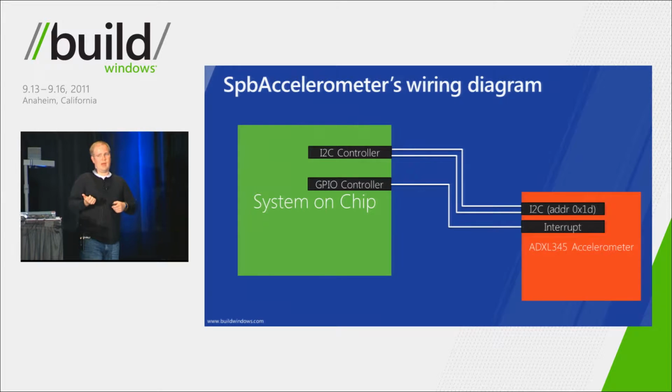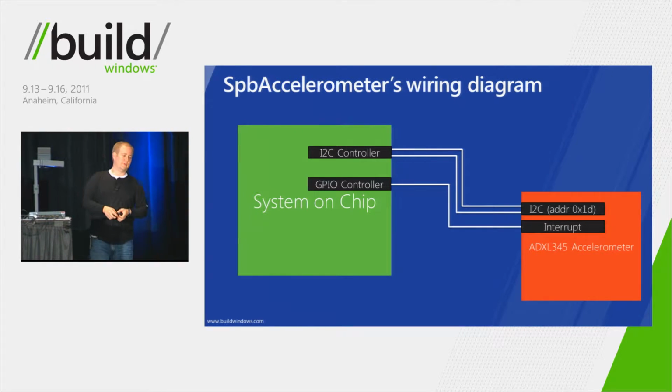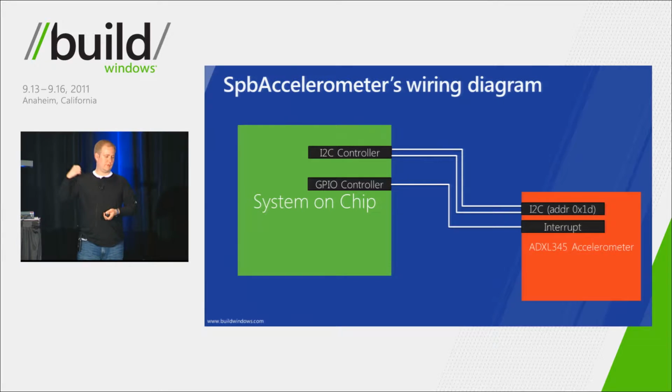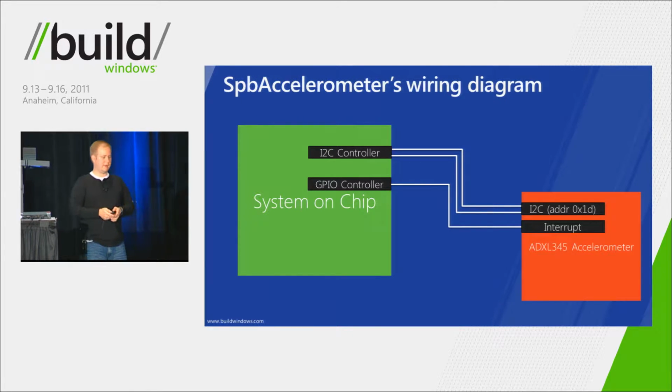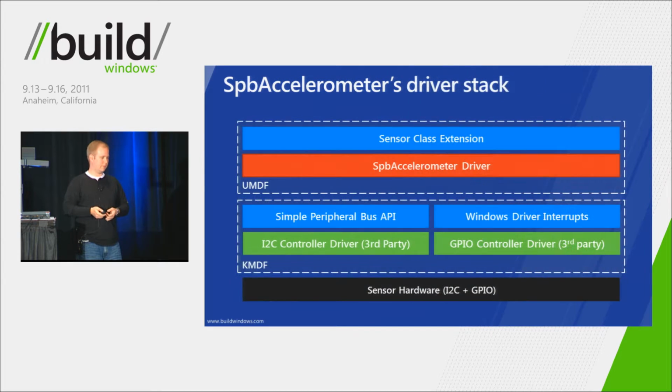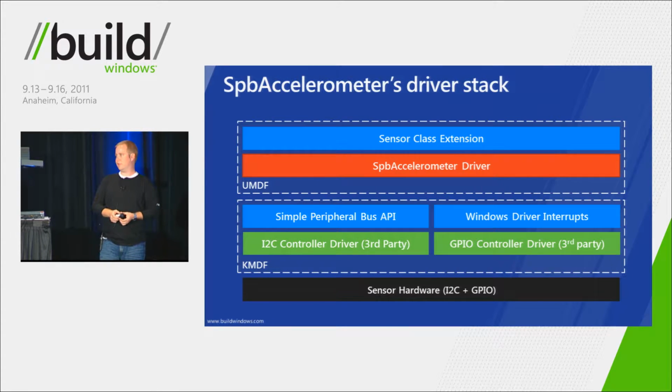So looking at how the SPB accelerometer sample is wired up, you have this part, this little accelerometer, which works on I2C or SPI. Really, the driver can work with either, but we use the example of an I2C with an address 1D and a GPIO interrupt. So this is what it looks like in wiring. This is a picture of the driver stack. That red box right there is the accelerometer driver.